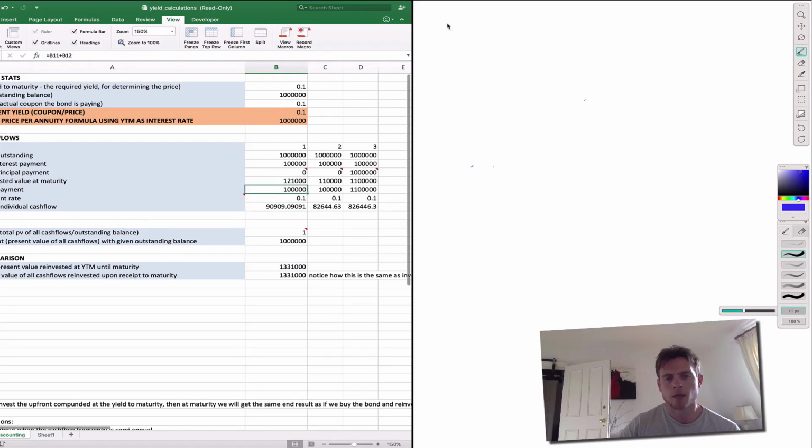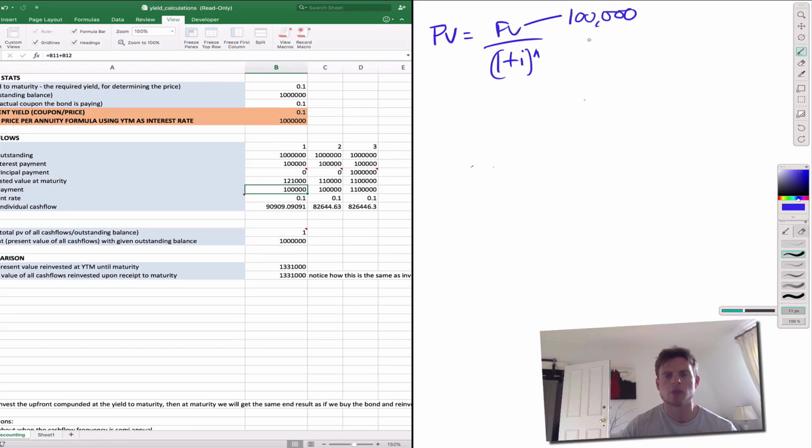So this one is simply a case of going back to our formula: present value is the future value divided by 1 plus i to the power n. So plug in the numbers. The future value of all these cash flows is basically the same, apart from the last one. So it's £100,000 of interest, okay?